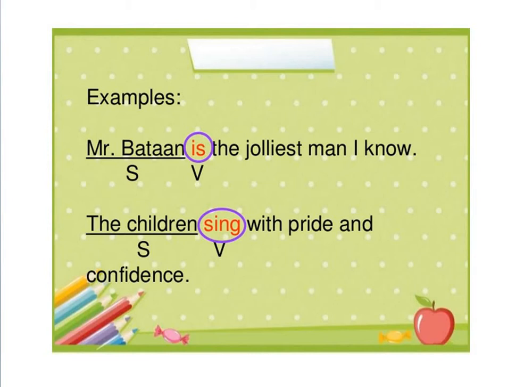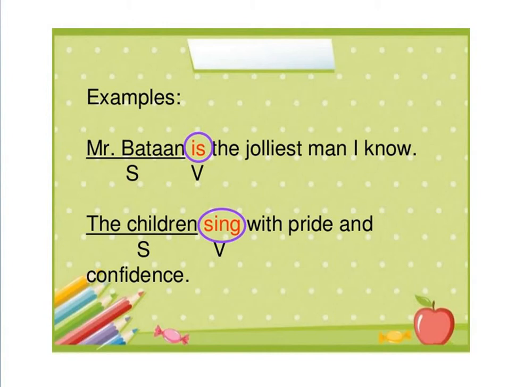Here, first identify what the verb is. We know that is is the verb, and what is the subject? Mr. Batan is the subject, the person the sentence is about. So Mr. Batan is the subject here.